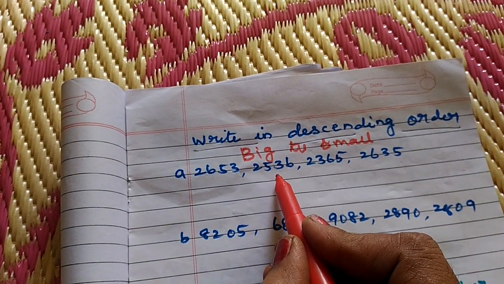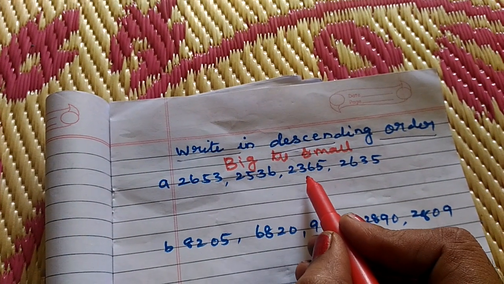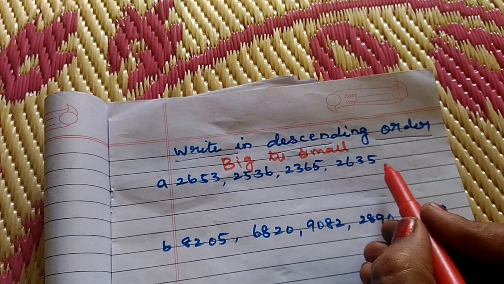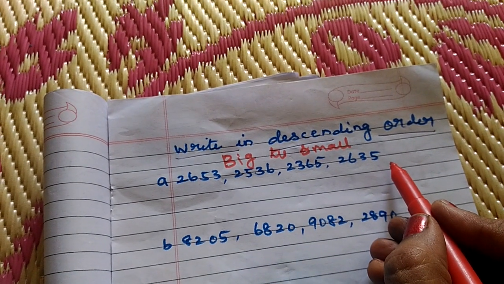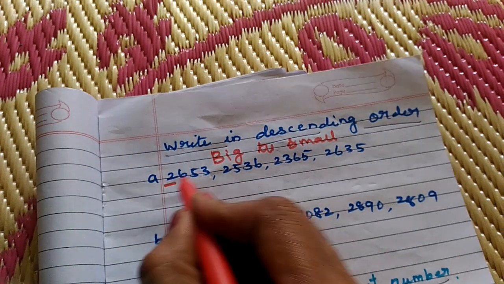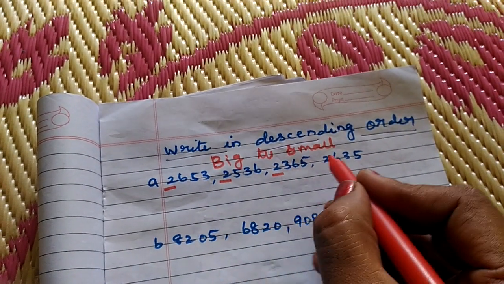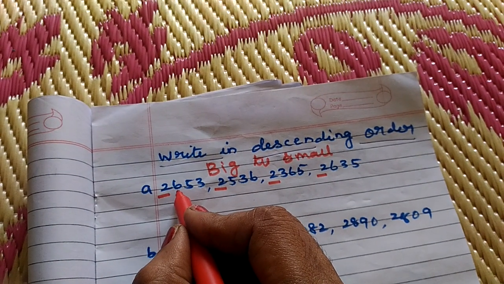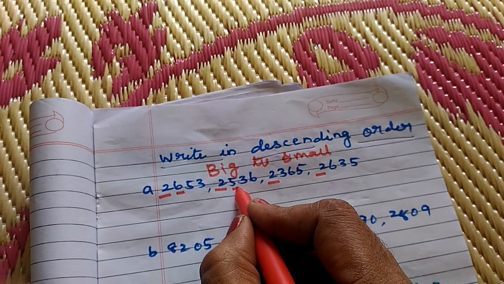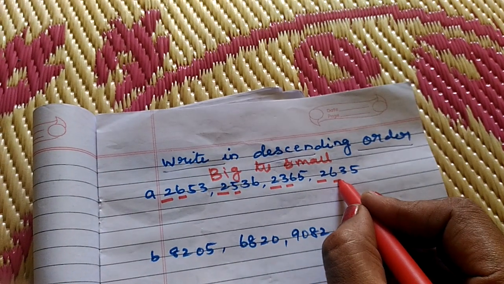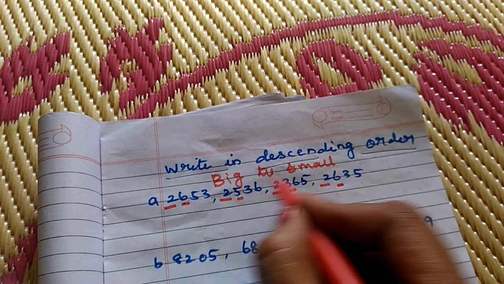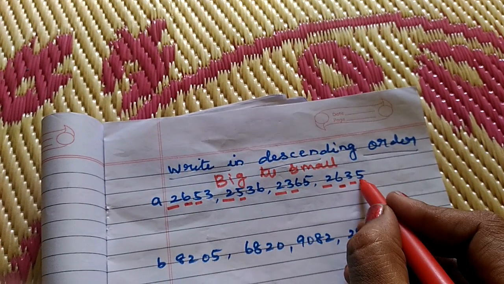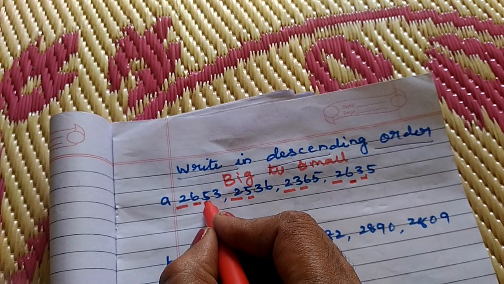See here, 2653, 2536, 2365, 2635. Which one is the biggest number? All are 2000, the same. Next, 600, 500, 300, 600. 600 and 600 are the same. Then next, 3 or 5? 5 is bigger.